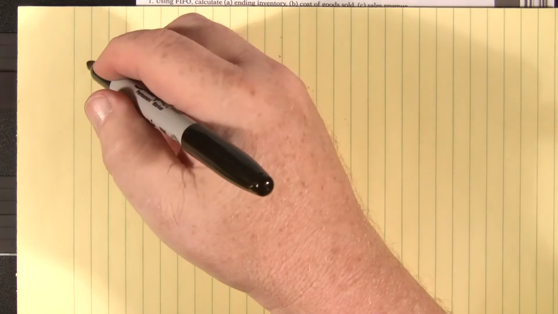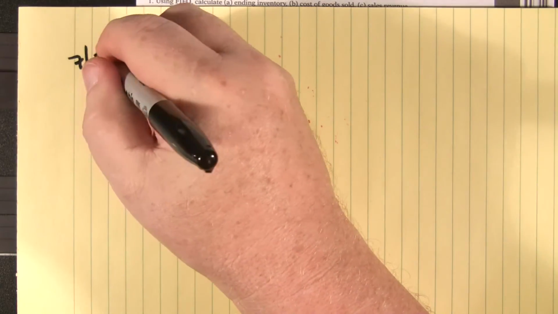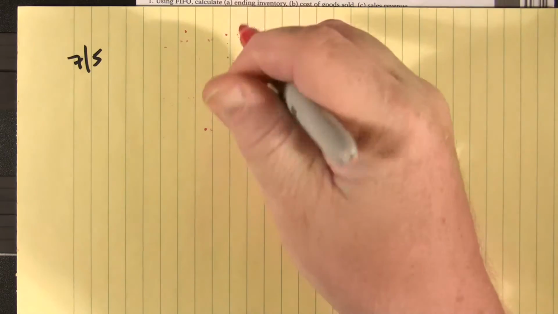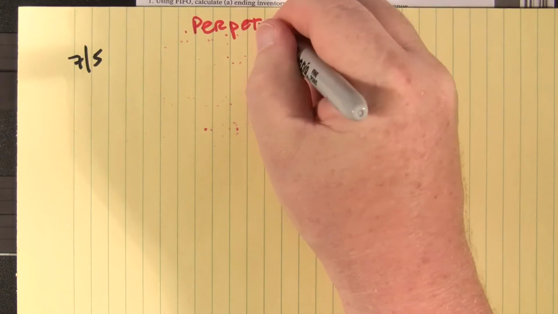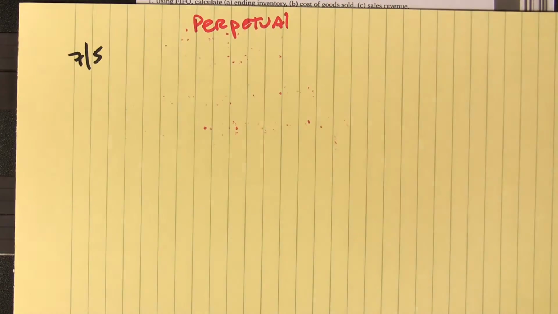So, off we go. We'll start on 7.5, and one side of this is going to be perpetual, and the other half of this page is going to be periodic.